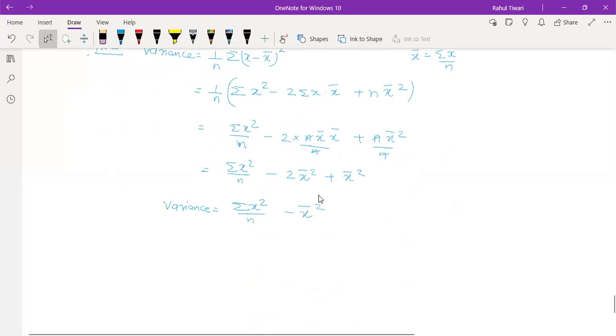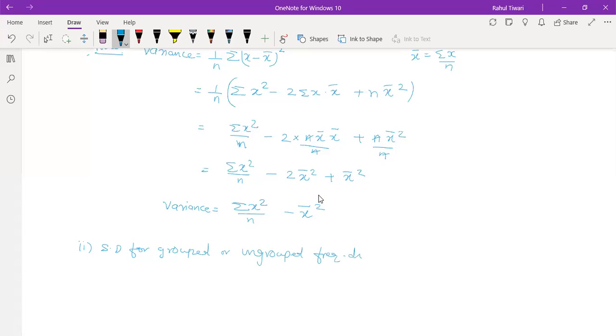So for the second case, I will not write the entire thing, but you can understand. SD for grouped or ungrouped frequency distribution.